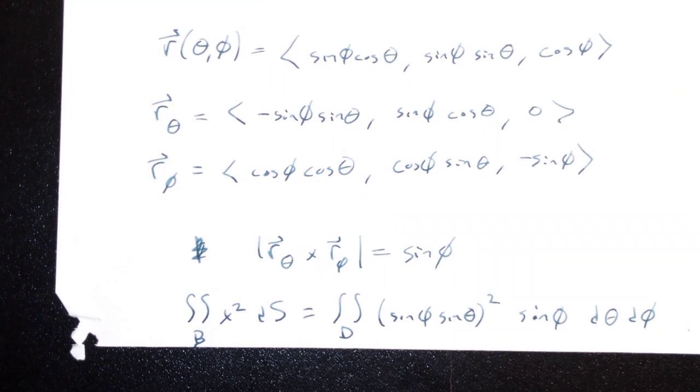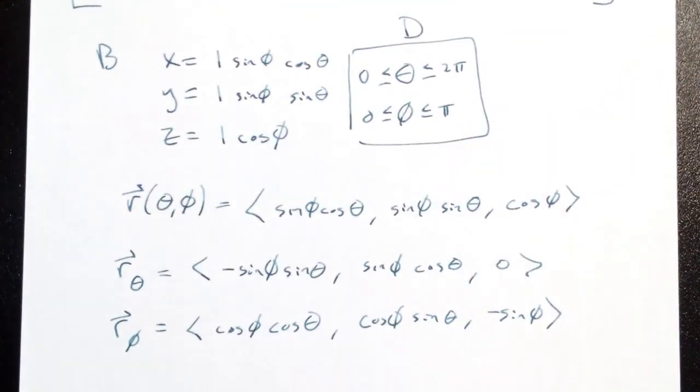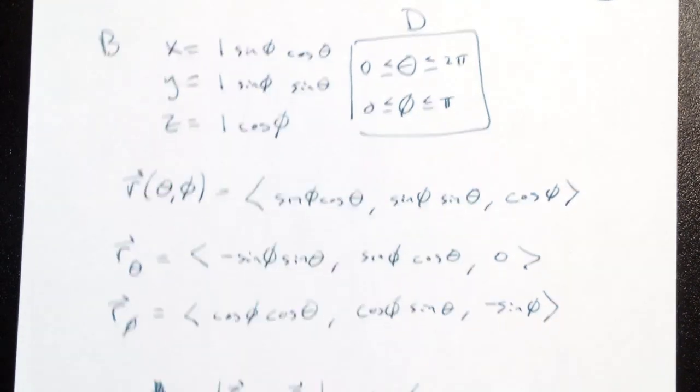Like I said, it takes a while, but the trig is in there. Hey, wait a minute. I know how to do this integral. Because we're going over this domain D right here, yes? So that means this is the integral from 0 to 2 pi of a bunch of stuff in theta, and the integral from 0 to pi of a bunch of stuff in phi.